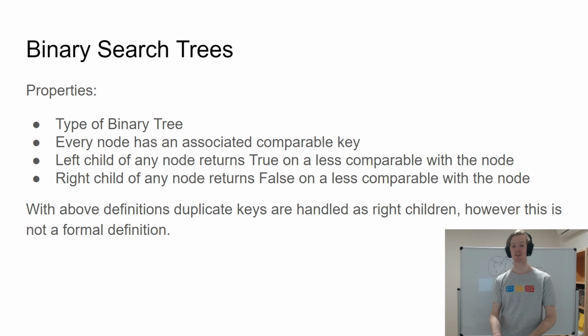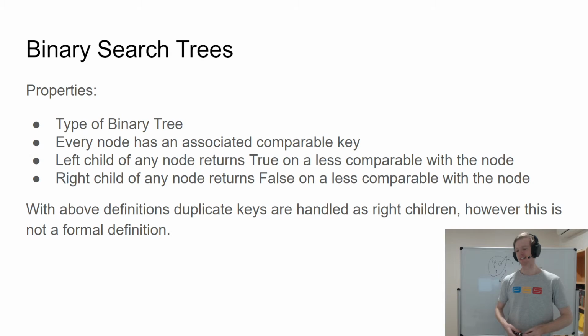So for instance, if I wanted to store numbers in a binary search tree, the numbers that would be less than the node that I'm at would go into the left child, or I'd traverse into the left child to find where I was trying to insert my data or search for my data. And if it's greater than or equal to, then I would traverse into the right child.